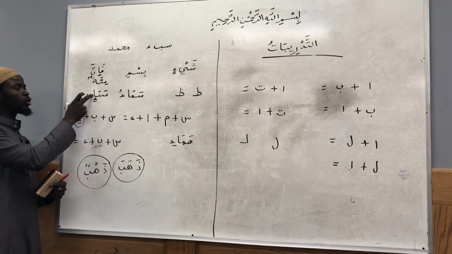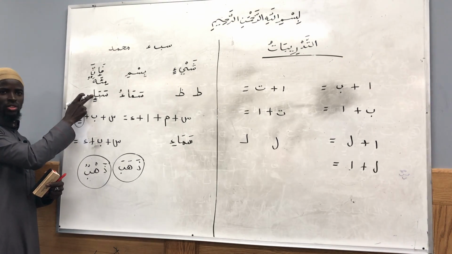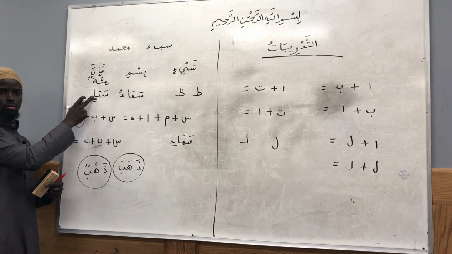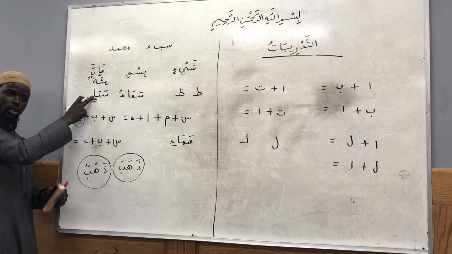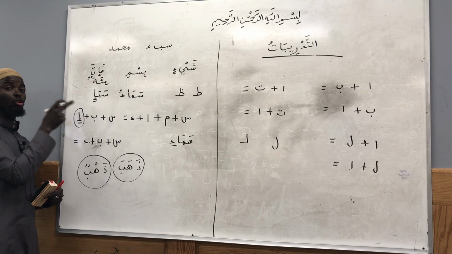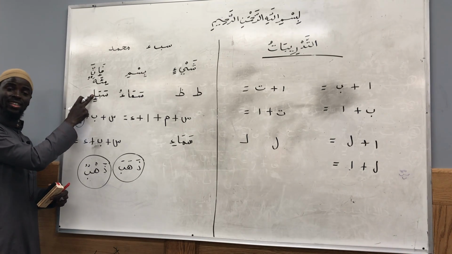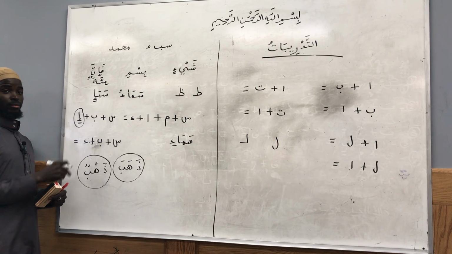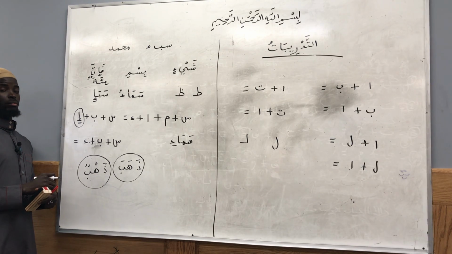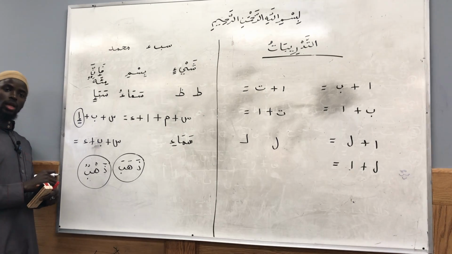Okay, so how are you going to read this one? What is this now? No, with the hamza. I want you to read it for me with the hamza, because the hamza is at the bottom with this line here without you reading the line. Okay, so if hamza is on the bottom, I'm just going to read it like E. Yes.